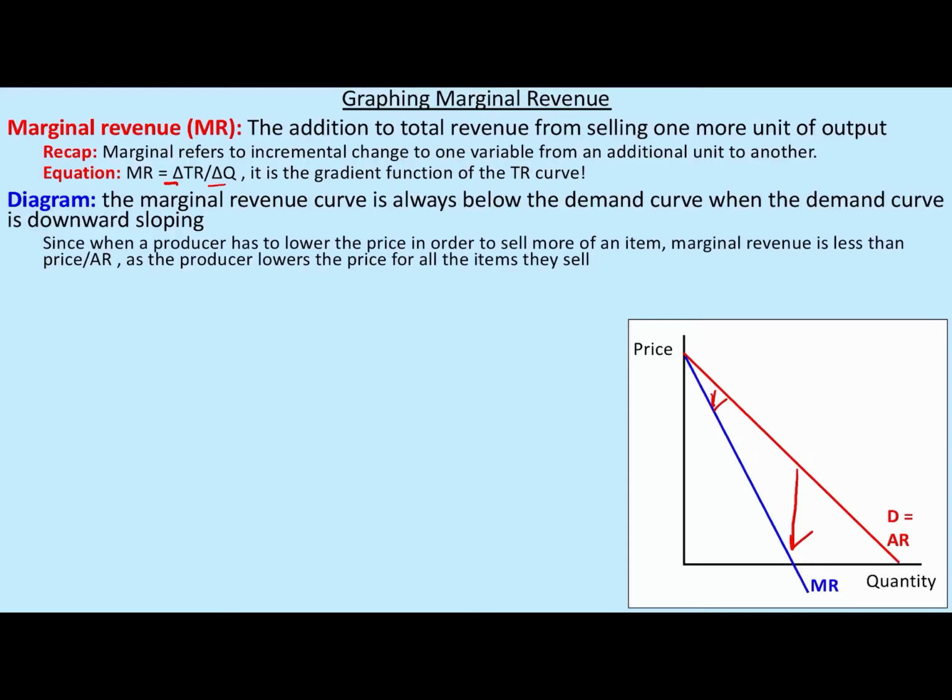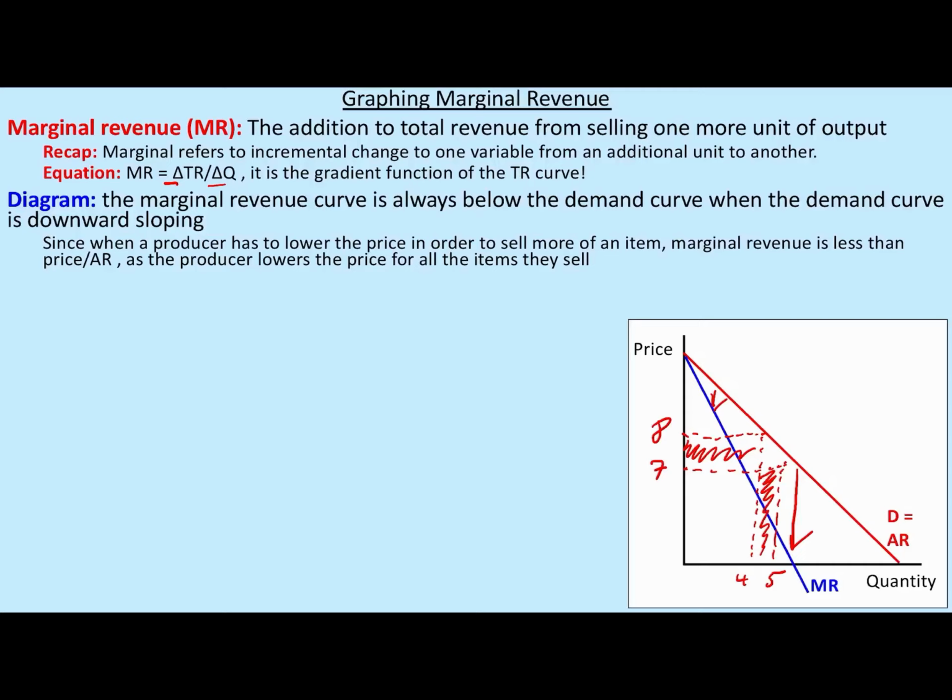If you consider this price here, say let's call that £8, and we're selling a quantity of 4 units. If we then cut our price to £7 in order to sell 5 units, that marginal revenue isn't just the extra £7 brought in, but also we have to consider the £1 we've lost on all those previous 4 units where we were previously selling them for £8, but we're now selling them for £7.